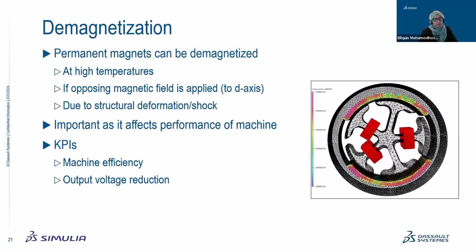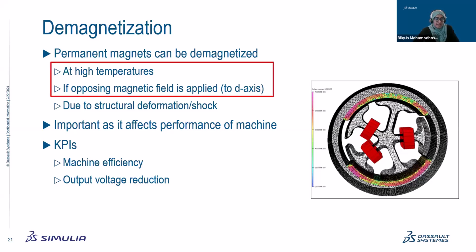And also when there are structural deformations or shocks on your permanent magnet or in the machine in general. But we mainly look at the high temperature situation and an opposing field in the machine.